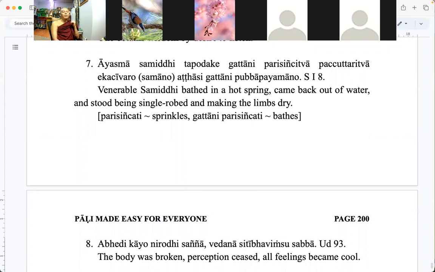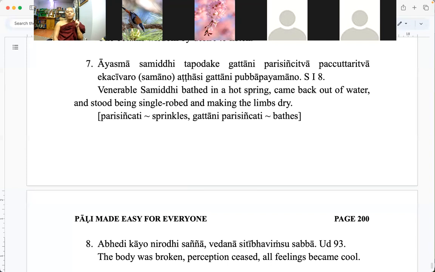So here being single robe means, actually, in monks there are the upper robe and the lower robe, you see. So now he is trying to make his limbs dry.